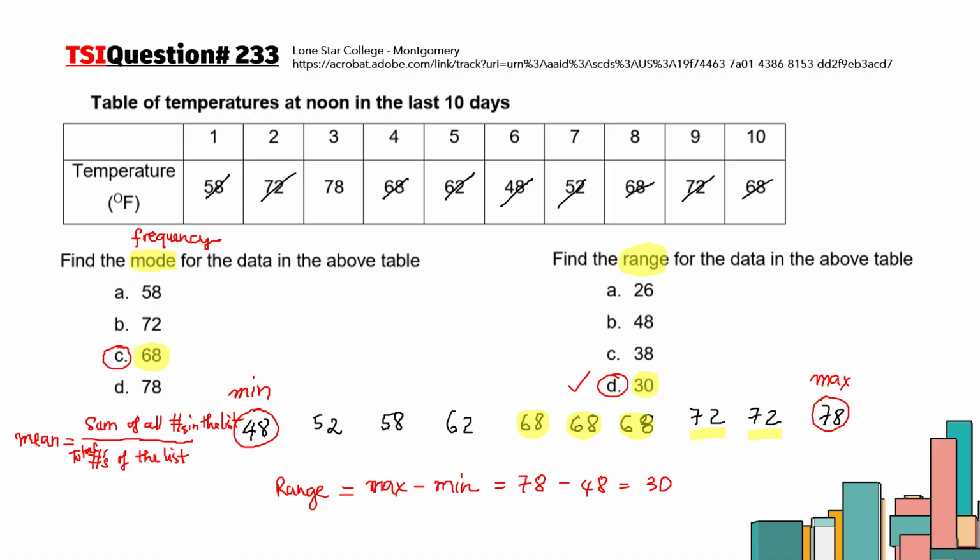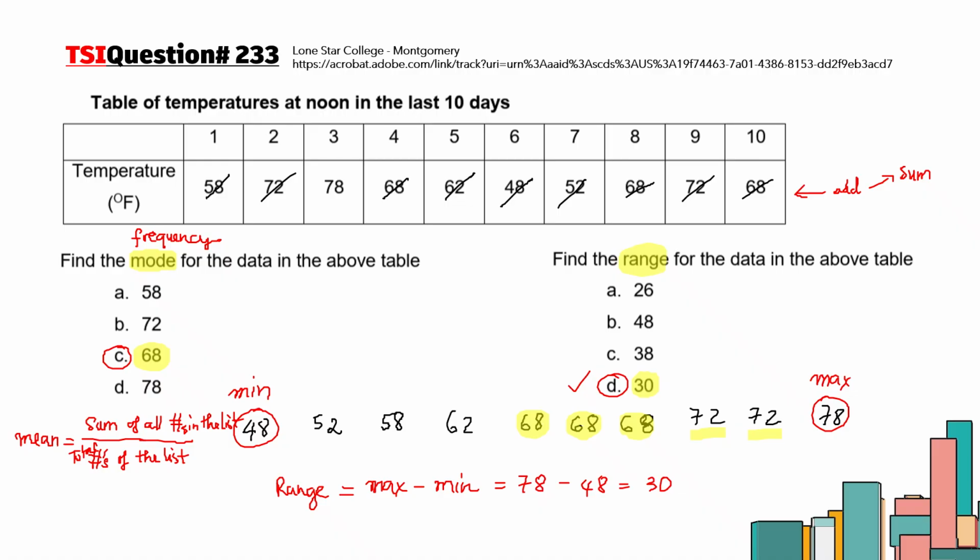So if we find the mean, we will take 48 and 52, and 58 and 62, and 68 and 68 and 68 and 72 and 72 and 78. So we add all of these to find the sum.